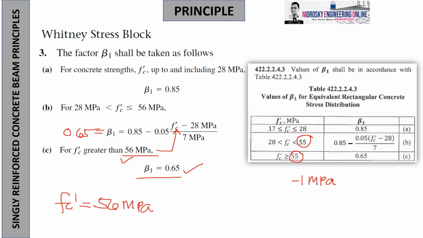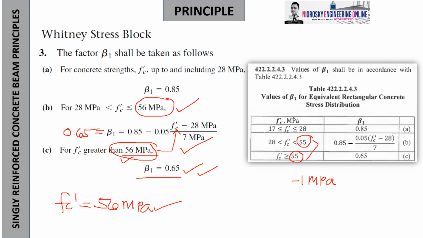Now what I want to understand is the 56 megapascal value. So starting from this discussion until we end this module, we will use the 56 megapascal, since in the NSCP 2010, okay, there is a code provision that this was not mentioned, but the least is 0.65.